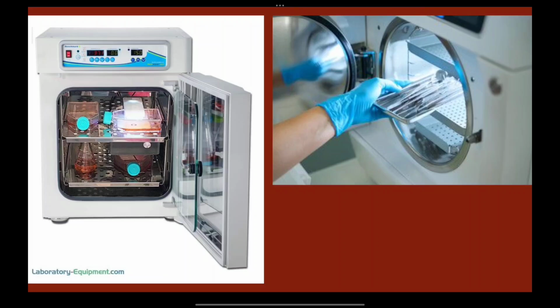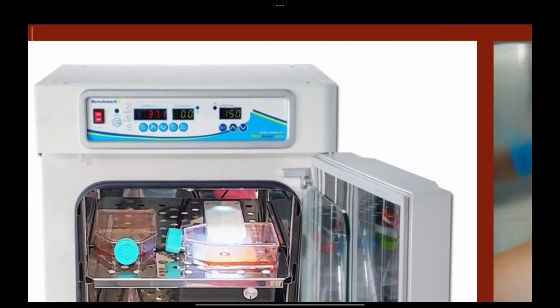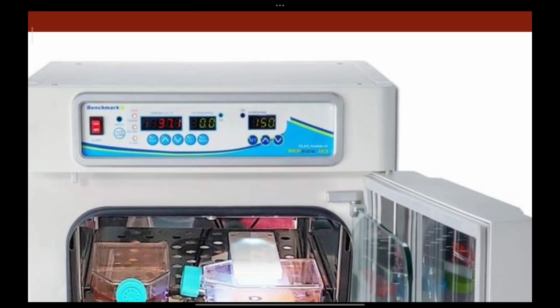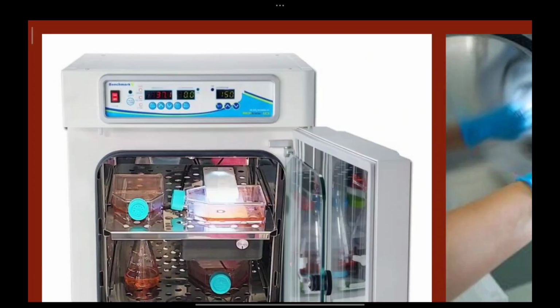Now here is a picture of how a hot air oven looks and how the instruments are placed inside. There is a temperature that you can set, and the duration of the temperature can also be set, and there are certain controls also present in order to control a hot air oven.